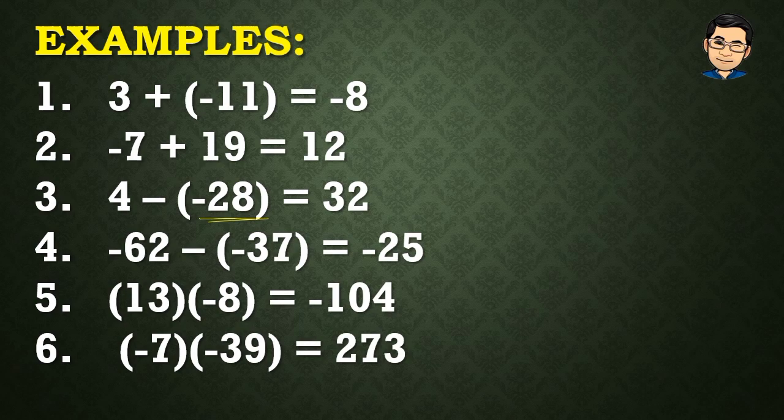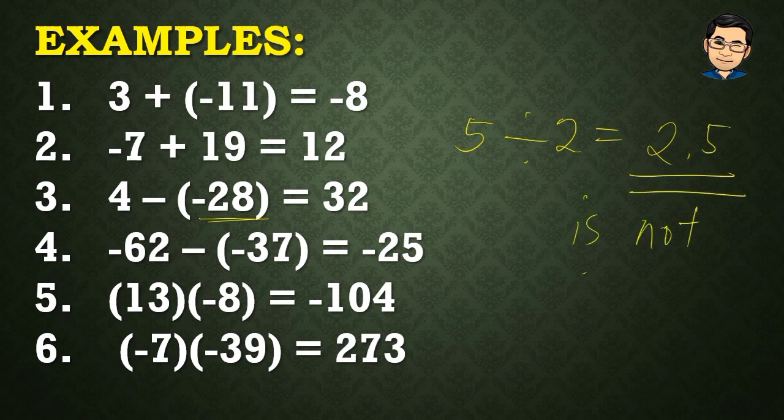As you can see, nung pinerform natin yung operations, addition, subtraction, and multiplication, nakakuha tayo ng sagot na integer. Kung nagtataka kayo, bakit walang division dito na operation? It's because, for example, if we divide 5 by 2, the answer is 2.5, and 2.5 is not considered as an integer.